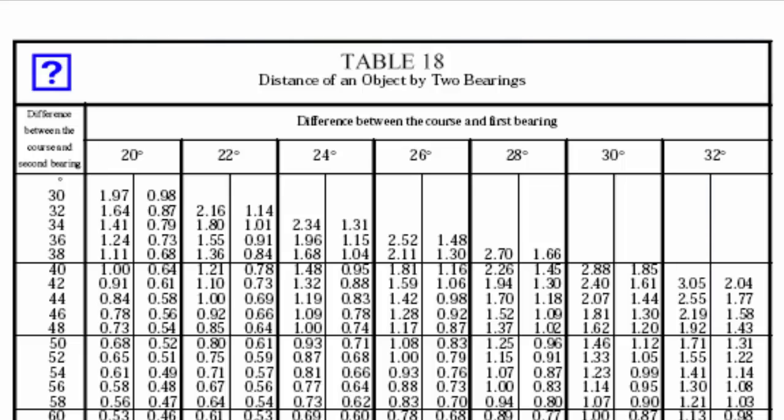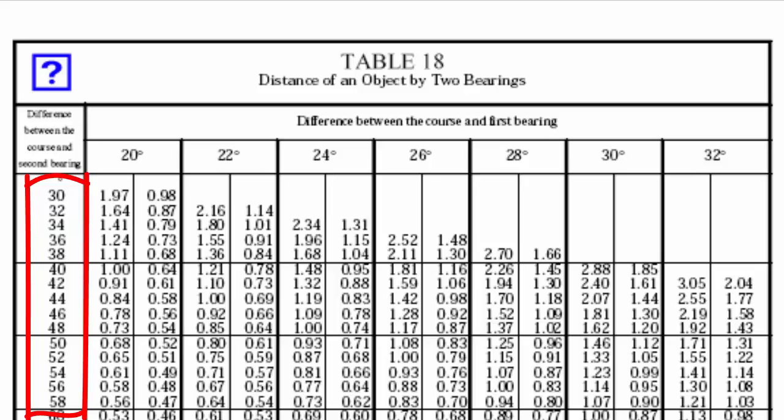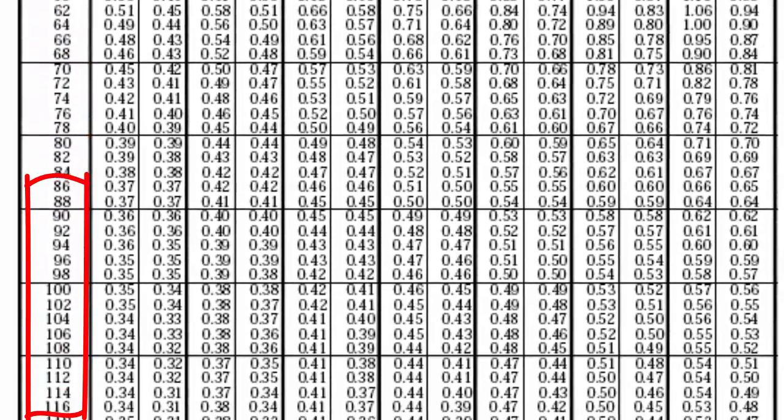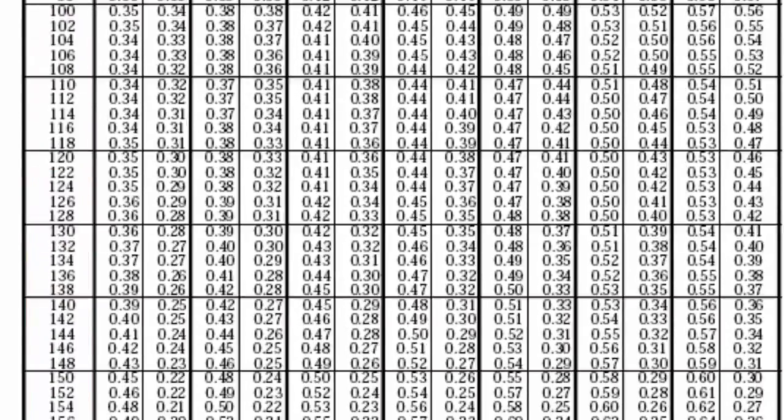Now let's look at Table 18. Across the top are choices for the first bow angle in 2-degree increments between 20 degrees and 32 degrees, and on up to 136 degrees on the subsequent pages not shown. And down the left-hand column are choices for the second bow angle in 2-degree increments between 30 degrees and 160 degrees.